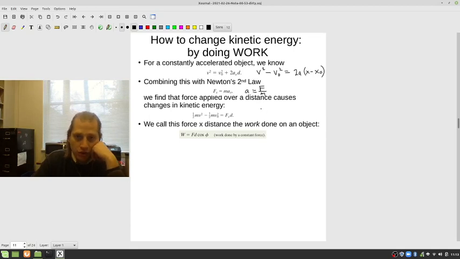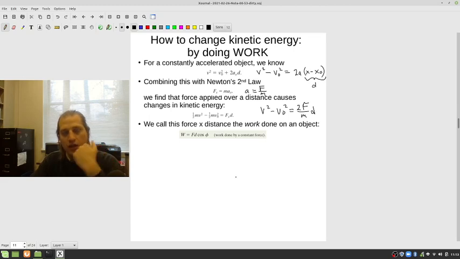And so we're going to go ahead and write v squared minus v naught squared equals 2 times F over m, and then this is the distance that that force has been applied.